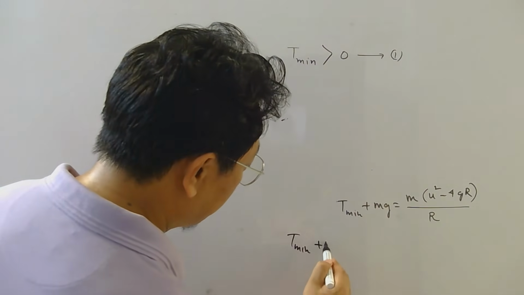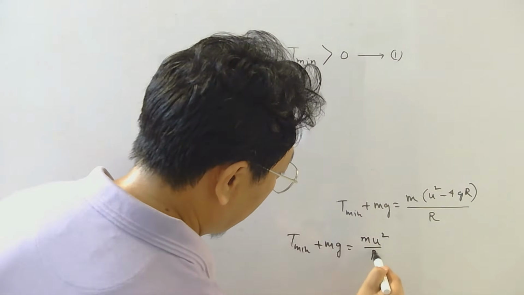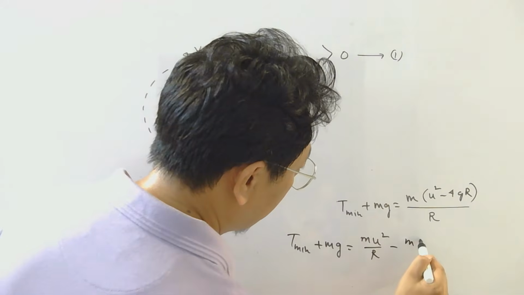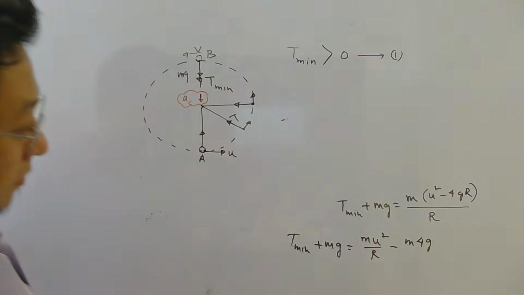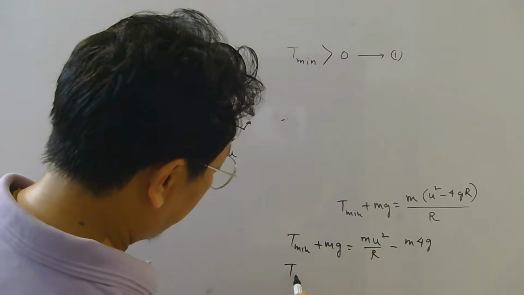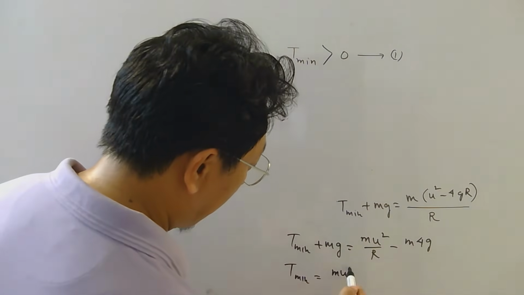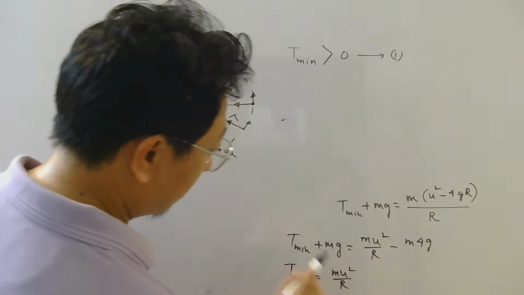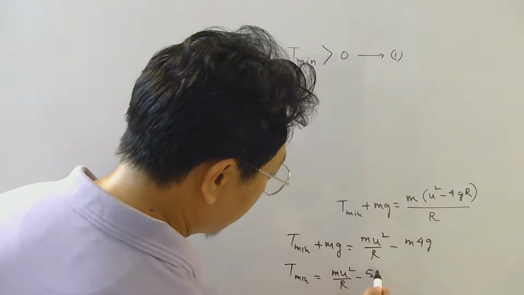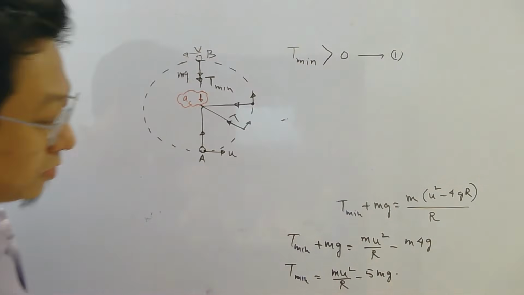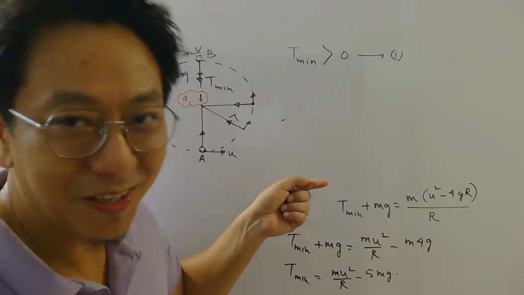So tension minimum plus mg will be, let's open the bracket, mu square by r minus m into 4g, right? This r and this r will cancel. So now from here tension minimum will be mu square by r minus 4 mg, and this mg will go that side, minus mg, minus 4 mg minus mg, minus 5 mg. So this is the minimum tension when you give initial velocity u, remember here.